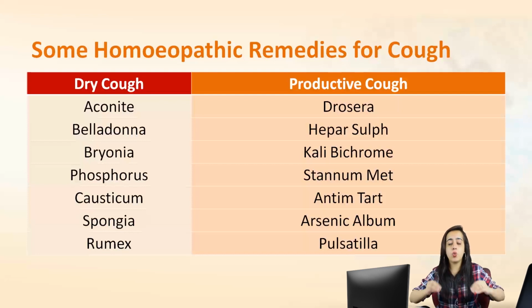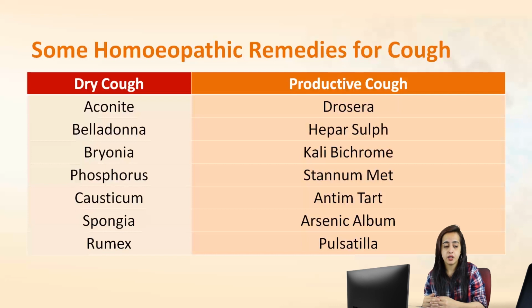So, if I want to get an idea of the entire remedy, as to how this remedy is represented in cases of cough, the best way is to study it through repertory. So let us have a look at how we can learn a remedy through repertory.